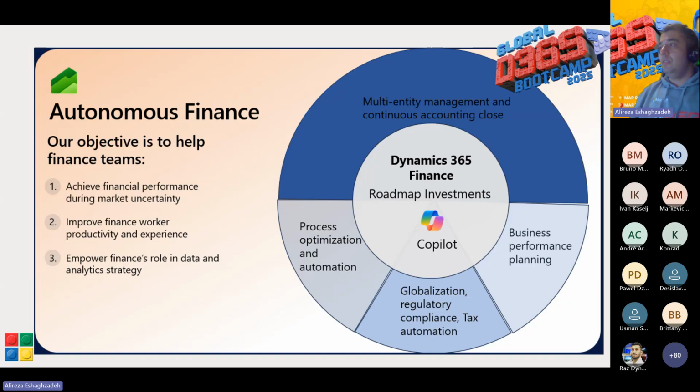As a first slide, I come back to autonomous finance, which is the roadmap from Microsoft that they are investing in and that will occur over time. In this picture, we see that Copilot has already been added to almost all of the functions in finance and operations. But here there is also globalization, regulatory compliance, and tax automation.